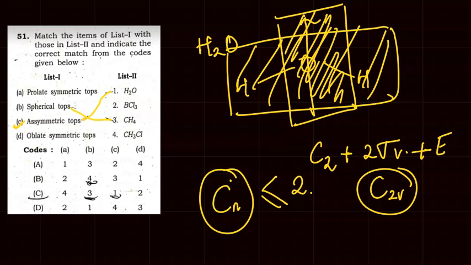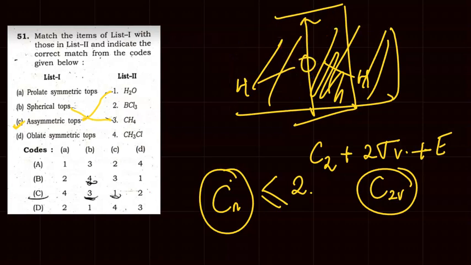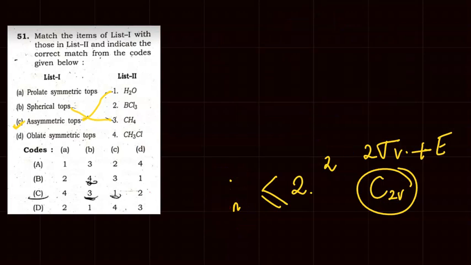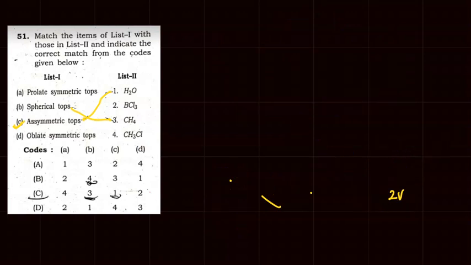And here, option 1, molecule A is given as prolate symmetric tops, and option D is given as oblate symmetric tops, right.